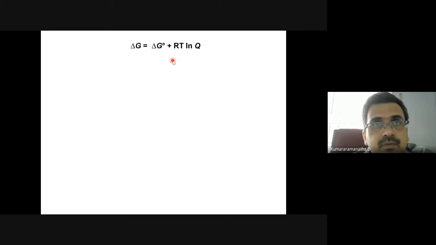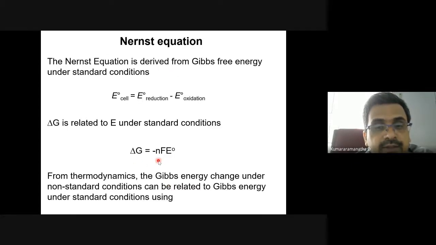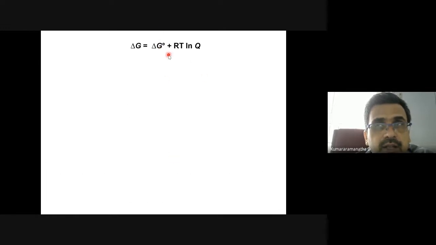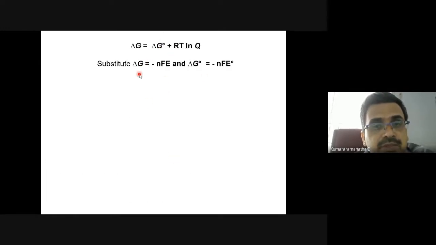Then you are all aware that delta G naught is related to NFE, which means work done and how much voltage you apply. So substitute delta G is minus NFE and delta G naught is minus NFE naught. Start substituting this.